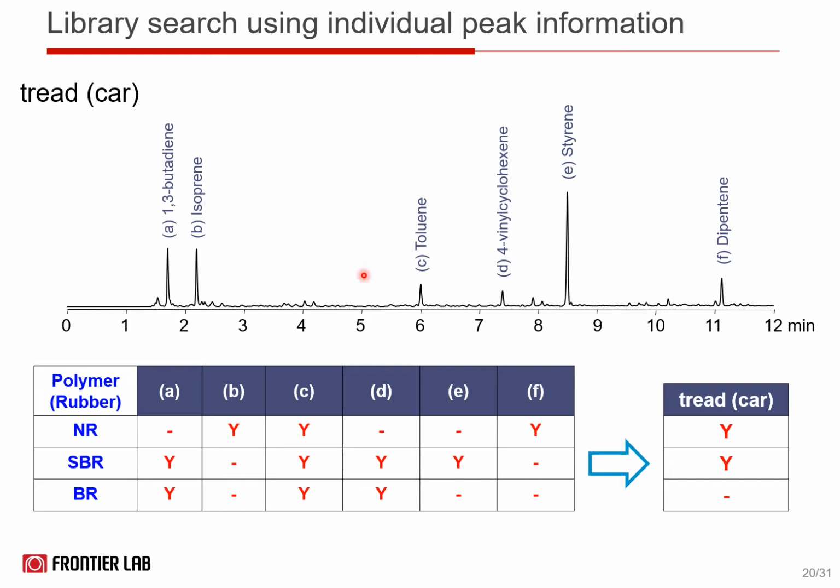Among the 6 main peaks observed in the pyrogram of tread B, B and F are characteristic of NR, and E is characteristic of SBR. Therefore, it was presumed that the rubbers used in tread B were NR and SBR.